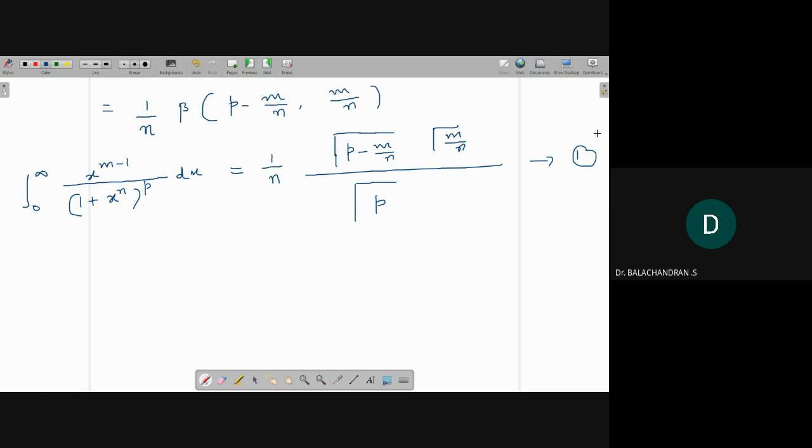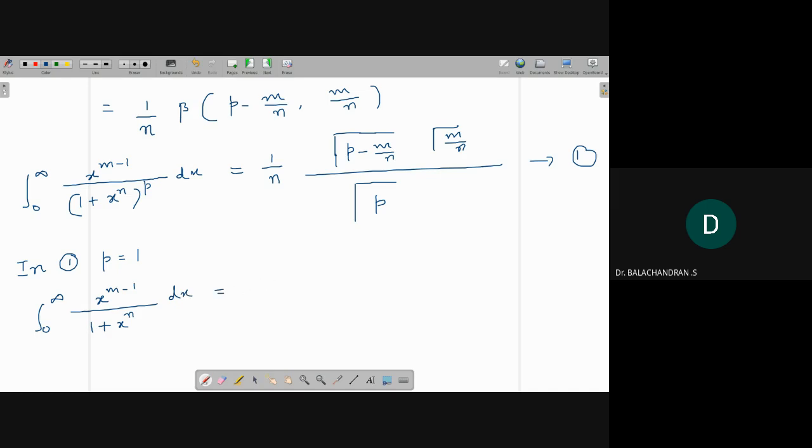Okay. So now look at the second part. What I need to substitute in equation 1 to get the second part? Anyone? P is equal to 1, sir. P equal to 1. Very good. If we substitute P equal to 1, x power m minus 1 divided by 1 plus x power n into dx.